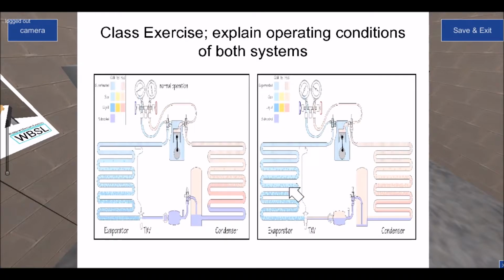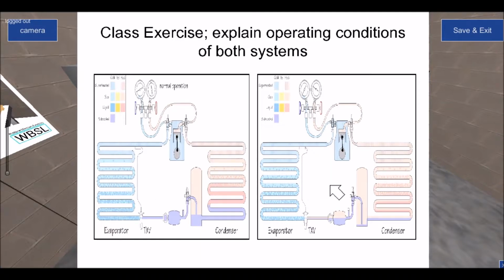This is the second one here, whereby you have to compare the two and decide which system is the problem, and then when you decide which system is the problem, you have to say what the problem is. This one says normal operation, so the one on the left is working normally, and the one on the right is where the customer has called you and said it's not achieving temperature.